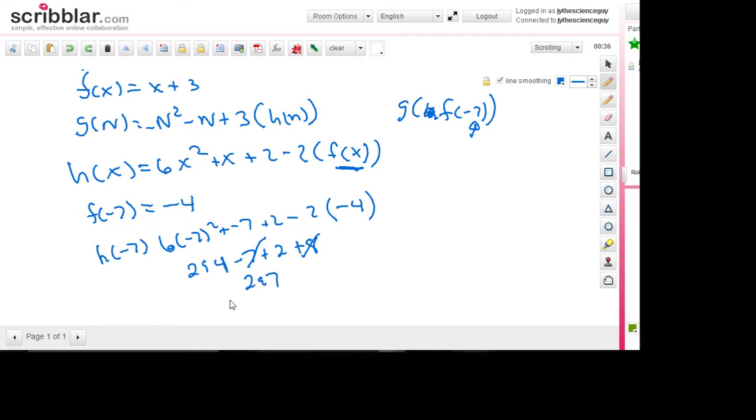Wait a minute. Do I even need to do that? Do I even need to deal with the g of n? If I put g of n here, then n is the exact same thing as f of negative 7, and f of negative 7 is equal to negative 4. But I don't know what h of n is.